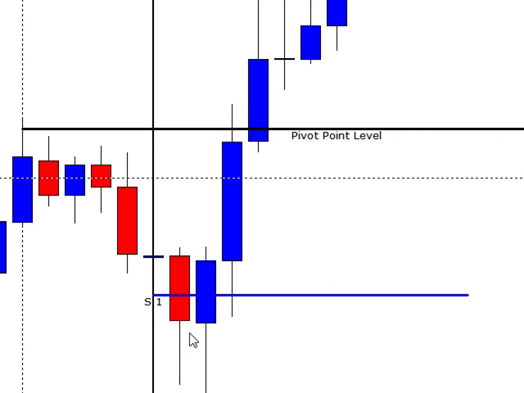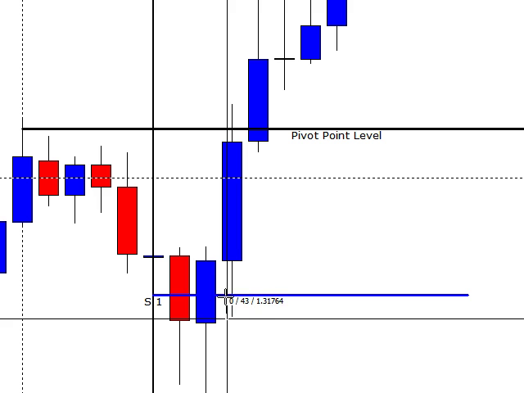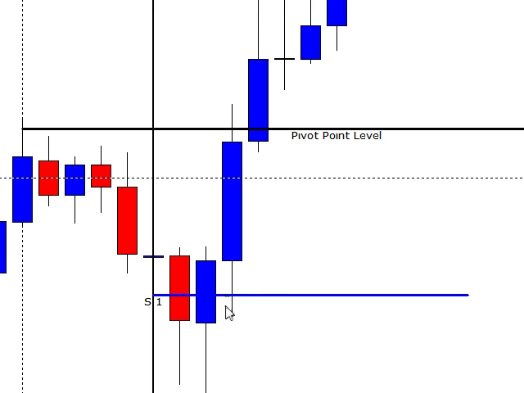Okay, so there was no trade on the 2 o'clock candle, however, there was one on the 3 o'clock. Now, was it when it turned blue? No, it wasn't, because there was only 4.6 pips from the entry point to S1. So you would have waited for it to close, come above the S1 by 1 pip, then you would have got long.